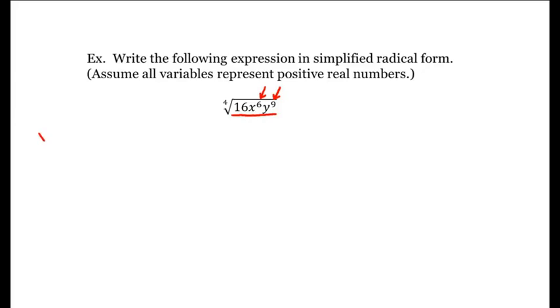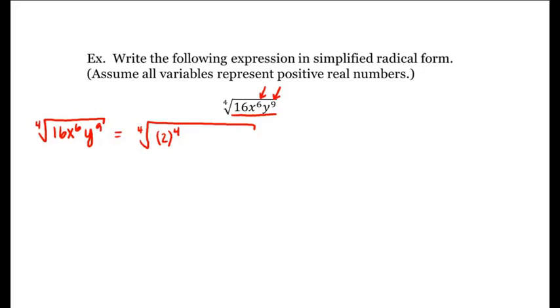So what do we have? We have the fourth root of 16x to the 6th y to the 9th is equal to the fourth root of 16, but 16 is 2 to the 4th power. And now we're going to extract the perfect fourth power factors here.